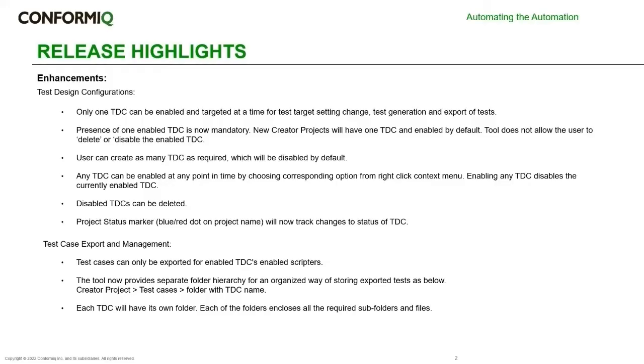So here are the new enhancements which are carried around the test design configurations as well as with respect to test case export and management. But before I walk you through these enhancements in detail, let me tell you the background of these enhancements, the need of having them in this new version release.